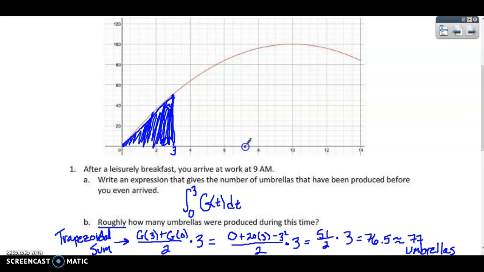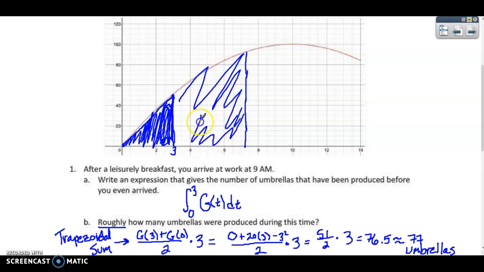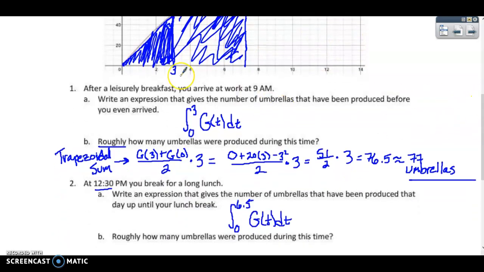So we're looking for this area under the curve, or accumulation of umbrellas. We need to add to the initial amount that we had. We need to add this area under the curve here. I'm not going to color that completely in, but that's the area under the curve we're trying to calculate. So the cool thing is we already have this area from 0 to 3. We're now just going to calculate the area in addition to that from 3 to 6.5.